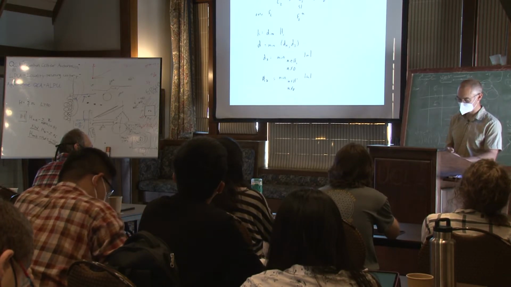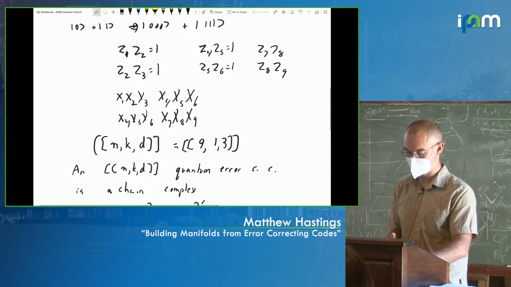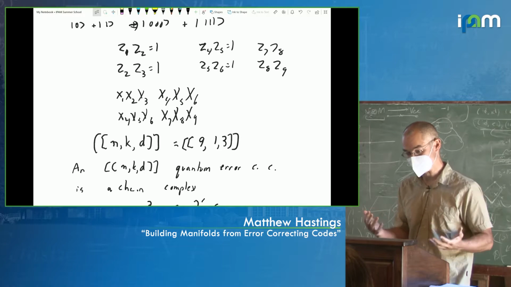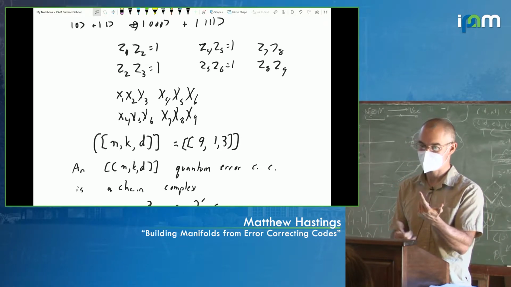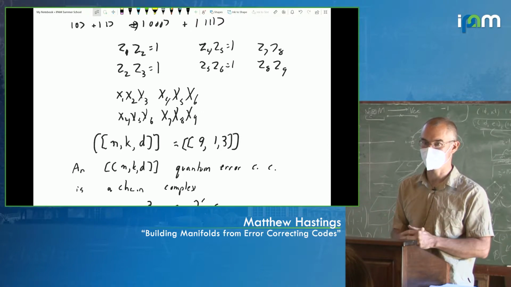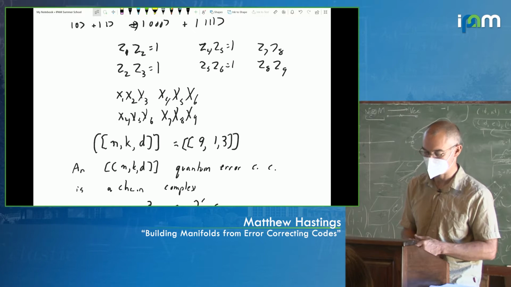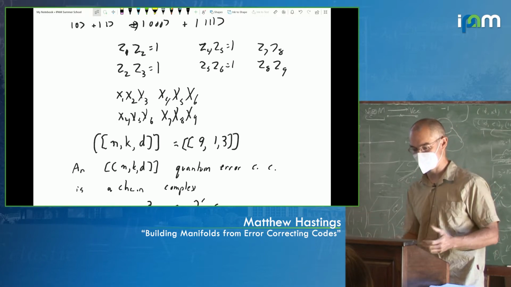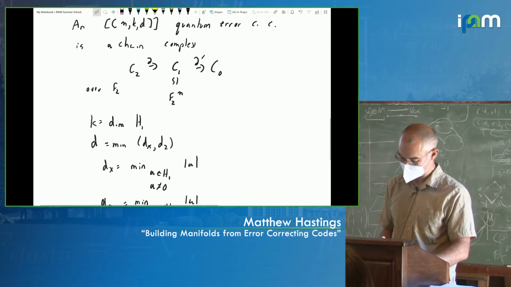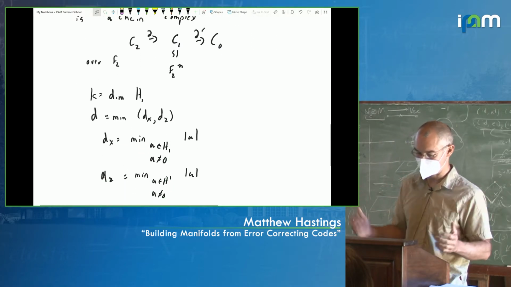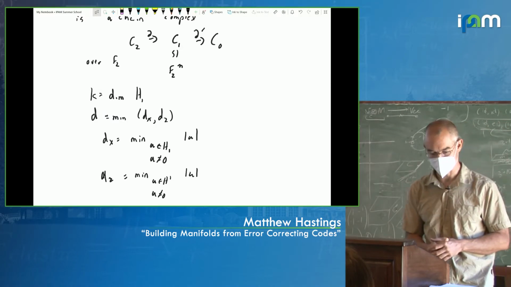If we go back up to that error correcting code, and we have, say, Z1 Z2 equals 1, if an error Z1 and Z2 occurs, that's not actually an error. It's just one of the constraints on the code. So even though there's this weight 2 thing that's undetectable, you don't care because you're in the subspace where that weight 2 thing is just a scalar. So you want to mod out by those. I'm just telling the story, but this is formally what a quantum error correcting code is: this chain complex with these properties.